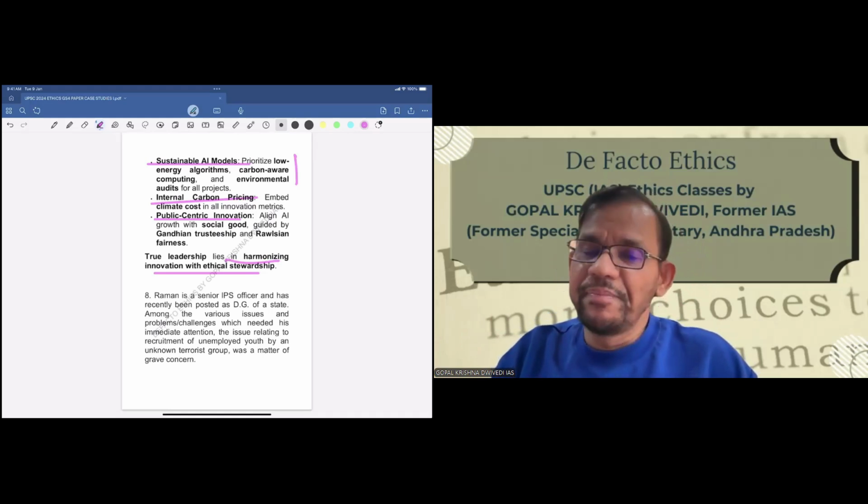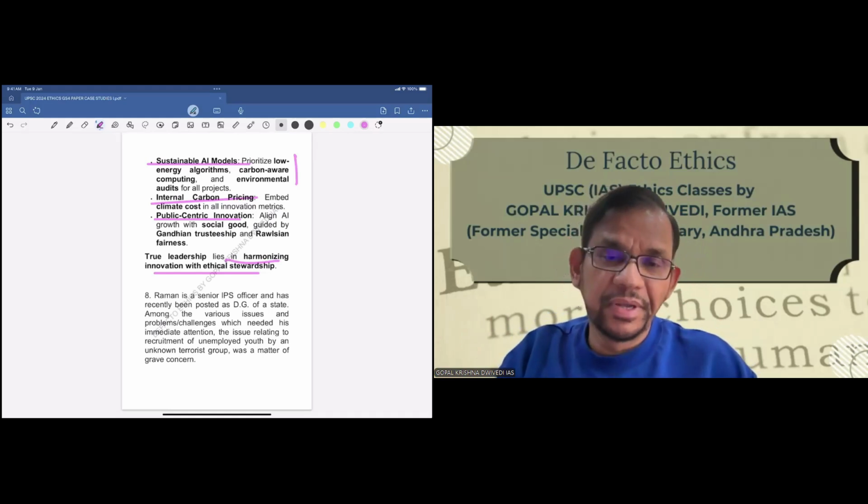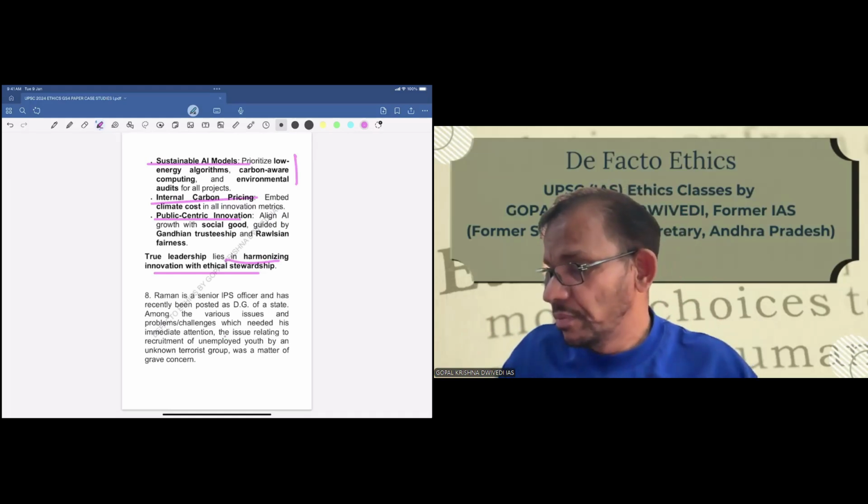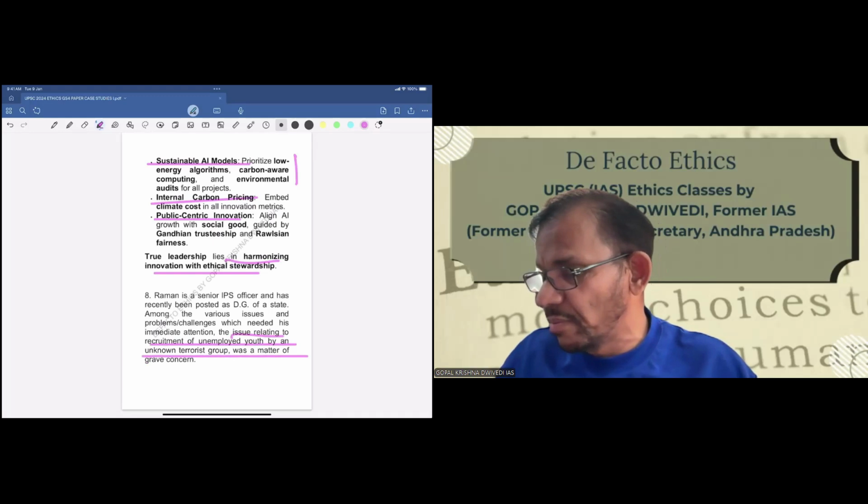Raman is a senior IPS officer and has recently been posted as DG of State, Director General of Police, DGP, as you may know. Among the various issues and challenges which needed his immediate attention, the issue relating to recruitment of unemployed youth by an unknown terrorist group was a matter of grave concern.